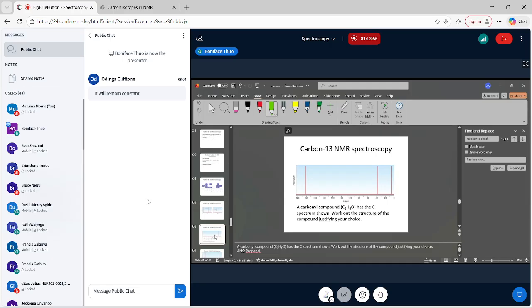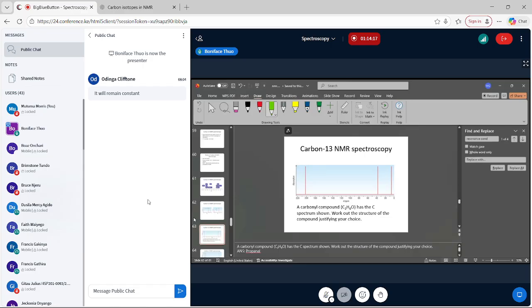So the information we gather from here, just by looking at that spectrum, is that we have 2 saturated carbons, and possibly 1 carbonyl carbon. Now that we have the formula, the possibility is that 1 is carbonyl.